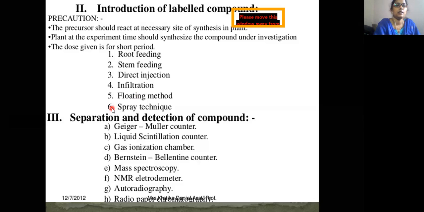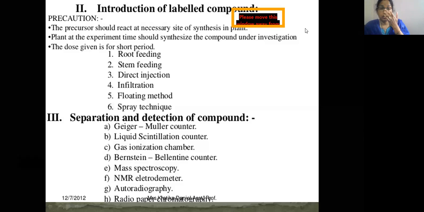Here you can see the methods: root feeding method, stem feeding method, direct injection method, infiltration method, floating method, and spraying method. So these are the different methods used for introducing the labeled compound into the plant, right?